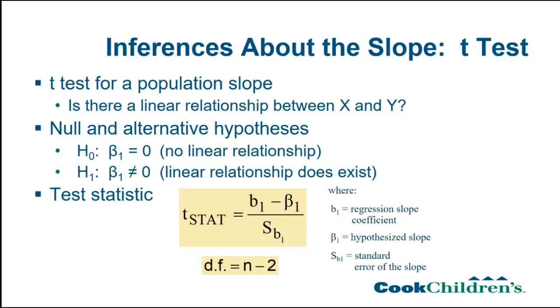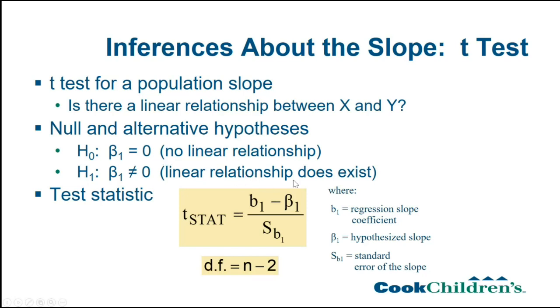So if we look deeper into some of the results that are created from the Excel regression output, there are some inferences about the slope that you can verify with t-tests. With t-tests for a population slope, you can determine if there is a linear relationship between x and y. So the basic t-test hypothesis: if there's no linear relationship, then the null hypothesis slope will equal 0.